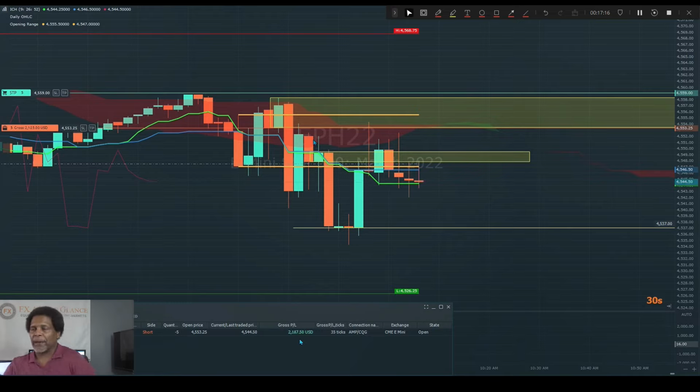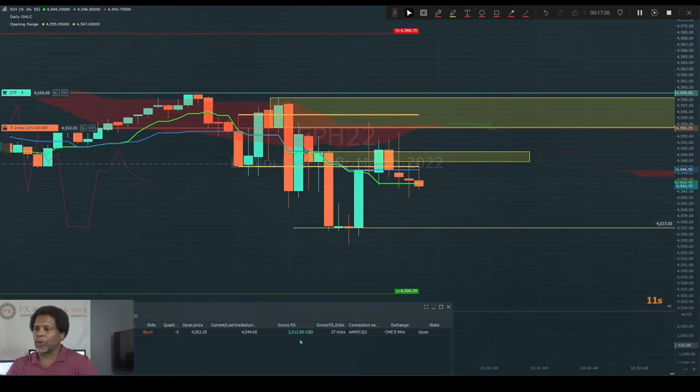When you're looking at a block, to me, the important things are the way we leave it and the location of it. If it's at a low or a high, this is at a nice high here. It's resistance with the Kumo. So we had confluence with the Kumo and the order block, a nice strong resistance area.